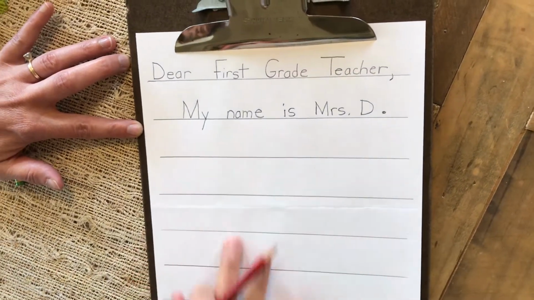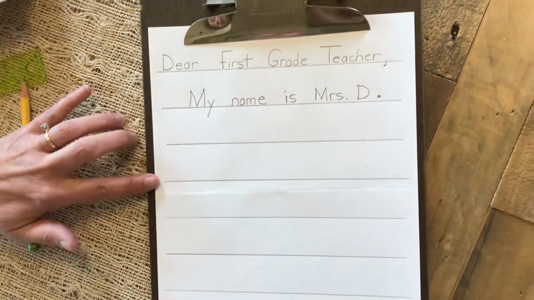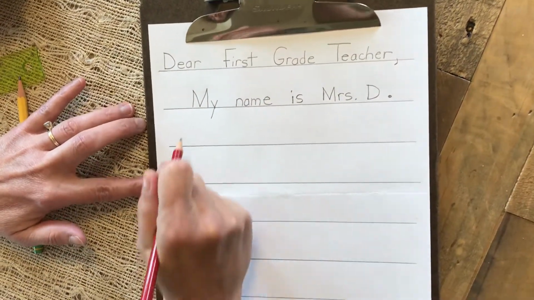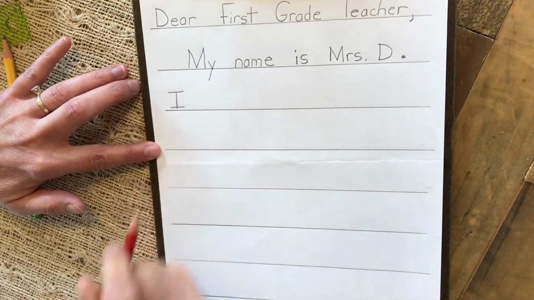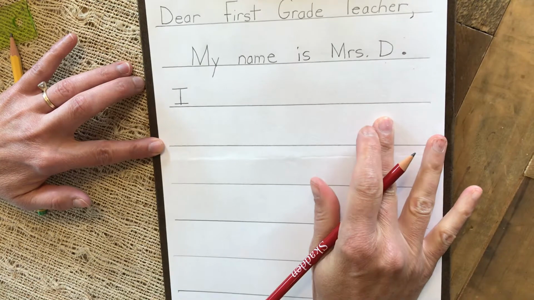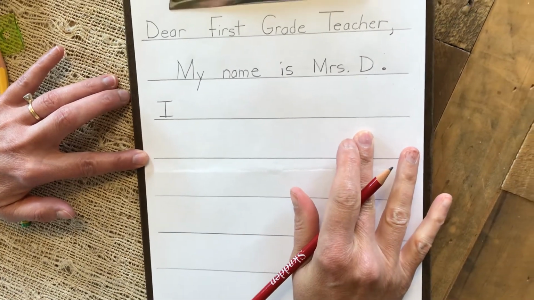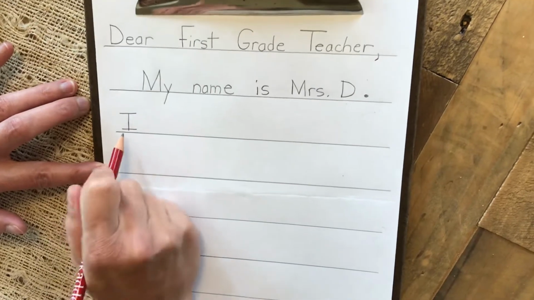Now I want to think of 3 special things that I want the first grade teacher to know about me. So the first thing I'm going to tell her or him is that I, capital letter, and I wanted you, notice I'm being very careful with my printing and taking my time and doing a good job so that they will see what a good student I am and how smart I am.